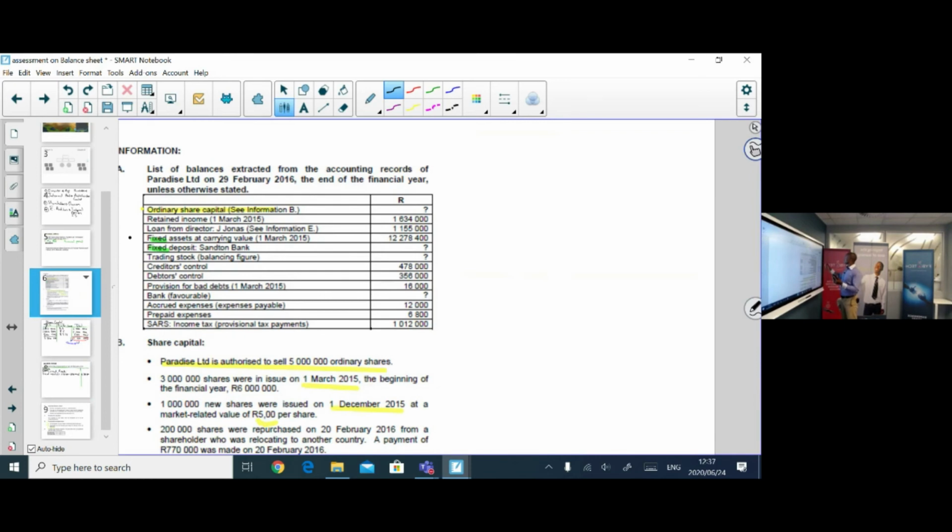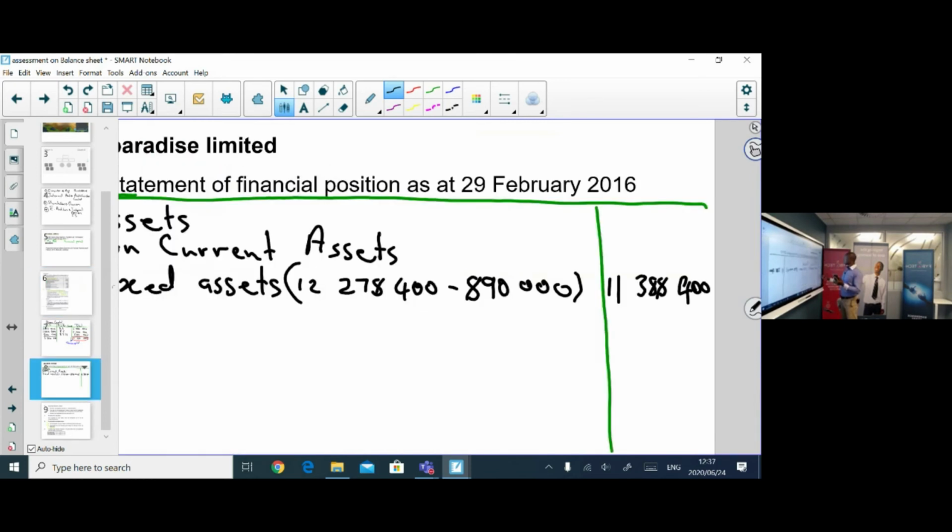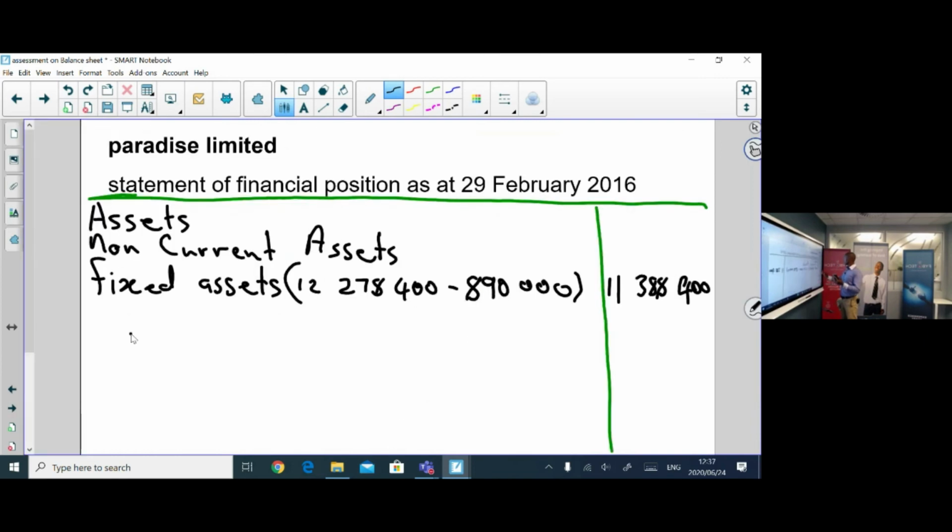Let's go to the fixed deposit and see what the information says.